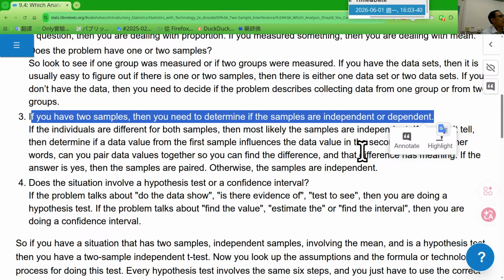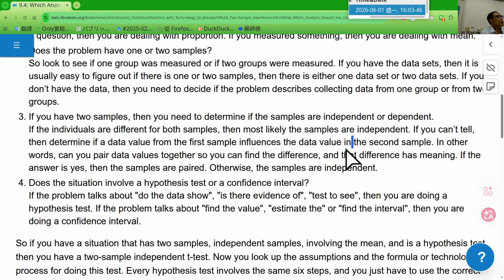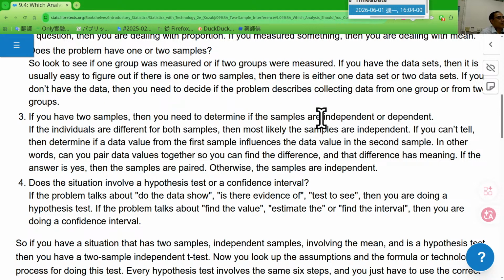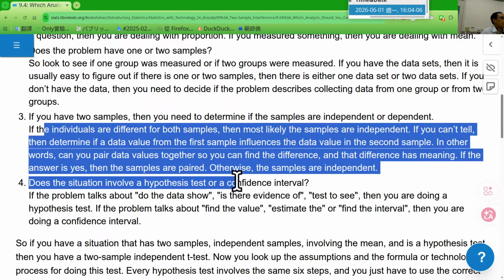We compared before you came to Taiwan and after you arrived in Taiwan. Thus, you are the same people, so the samples are dependent. But if I want to test two groups of people, one drinking black tea, one not drinking black tea, they can be considered independent groups. If the individuals are different in both samples, most likely the samples are independent.